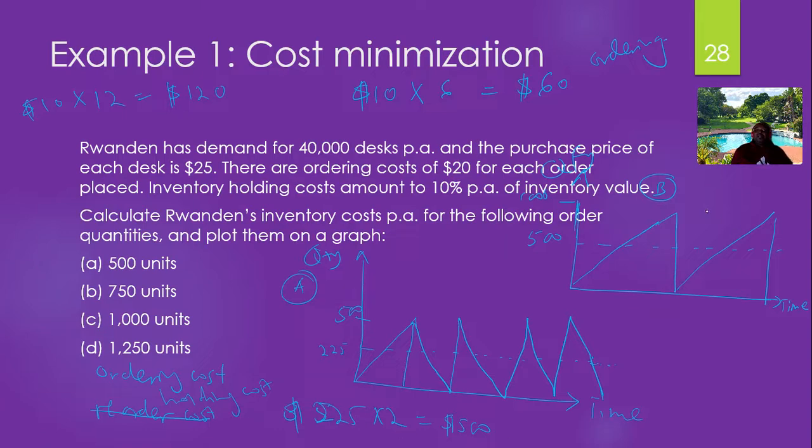But in situation B now, because we're now ordering 1000, then it becomes 1000 divided by 2, which gives us 500. So the holding cost is equal to 500 multiplied by 2.